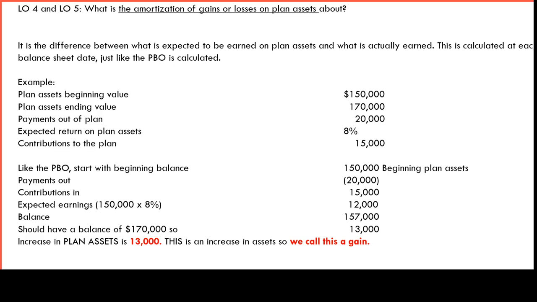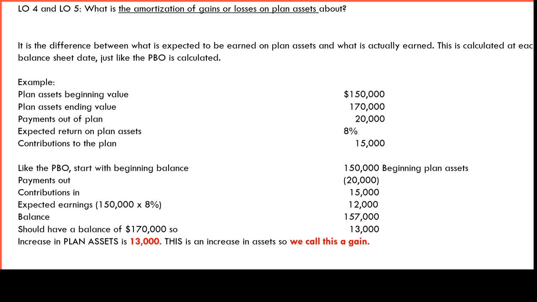We do a value of cash, which is its fair value. We find we have a total of $170,000. So what the heck has happened here? Well, apparently we had an additional return that we hadn't planned on. And this is a wonderful thing to happen. It's an increase of $13,000.